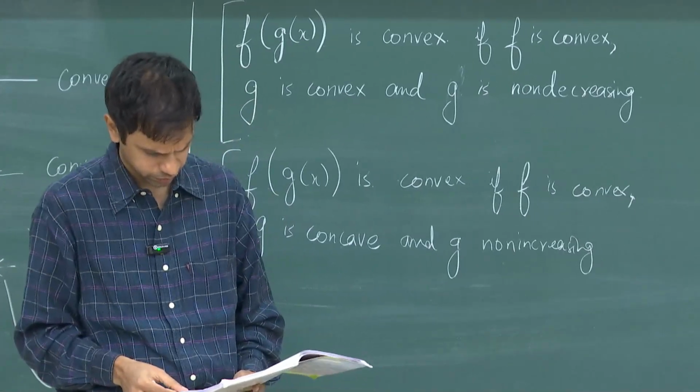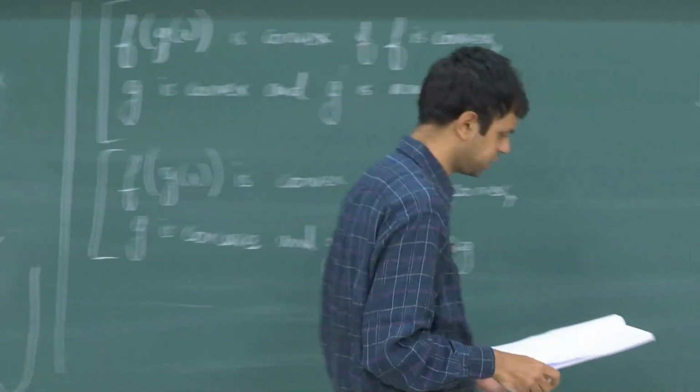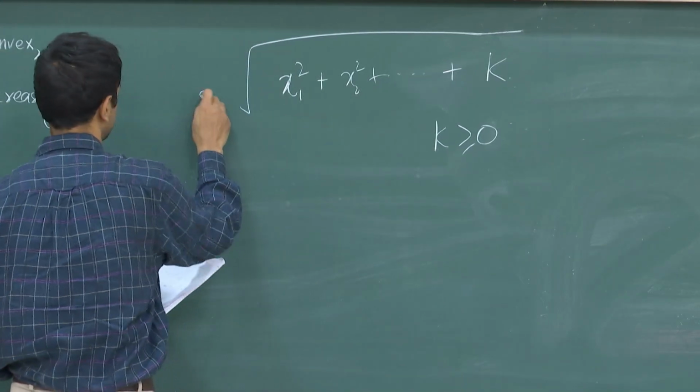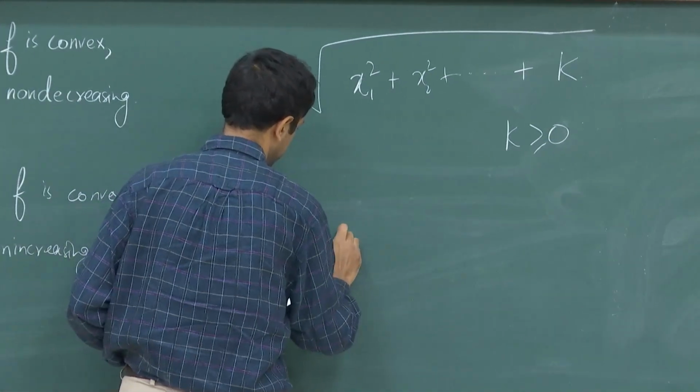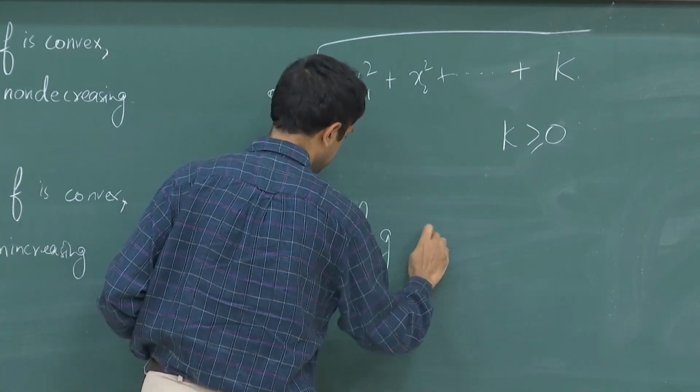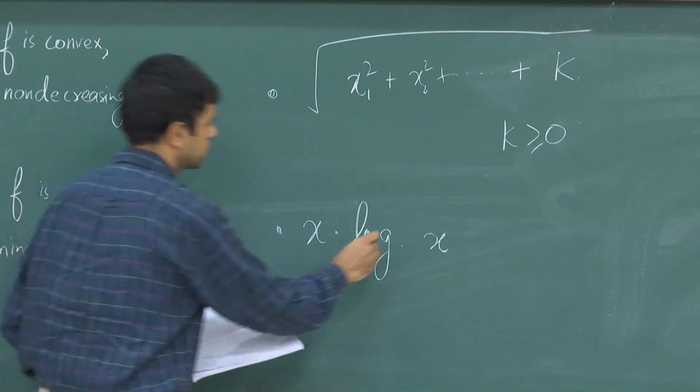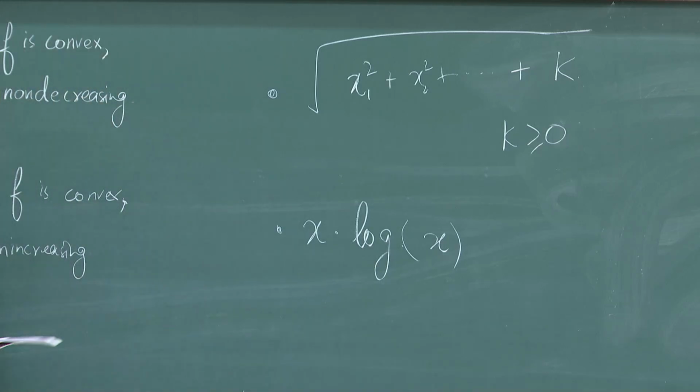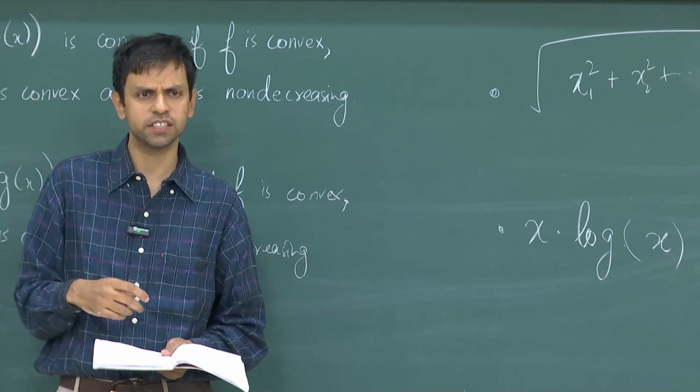Okay. What about this function? This is a convex function. Why? Or where do we see this?